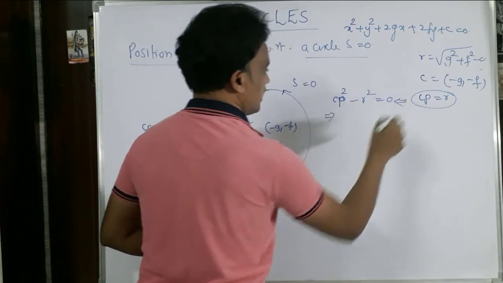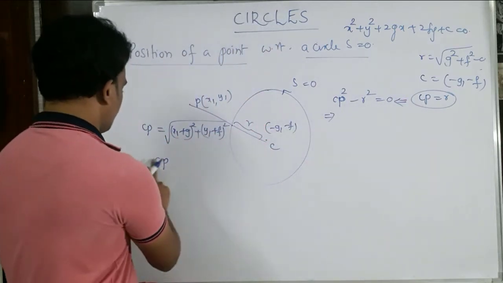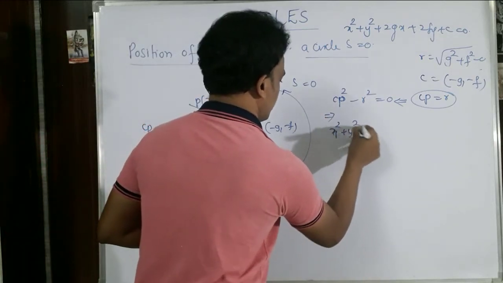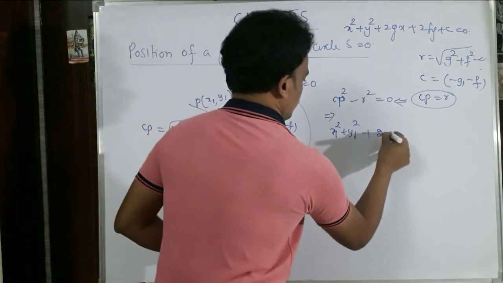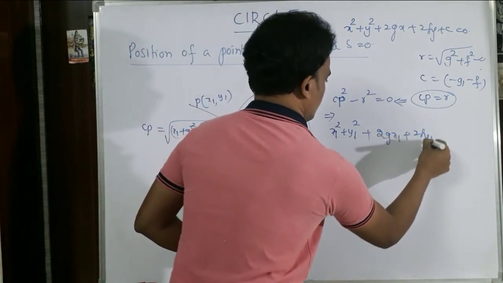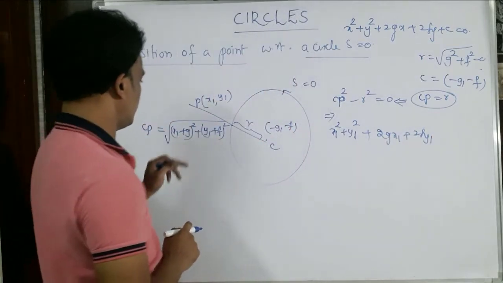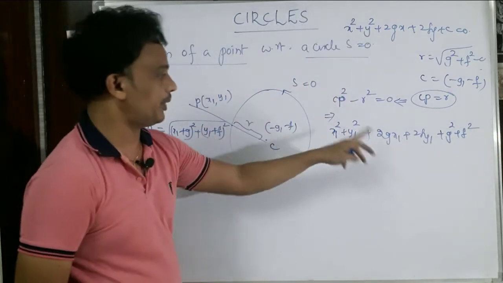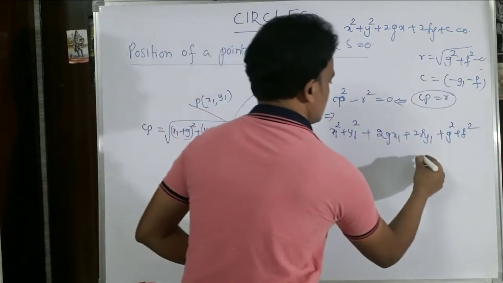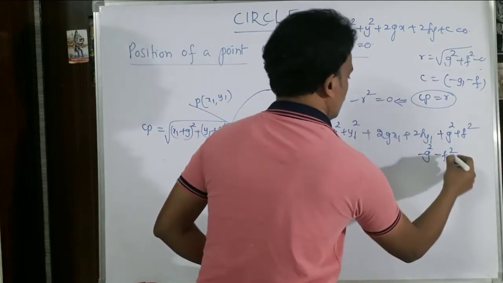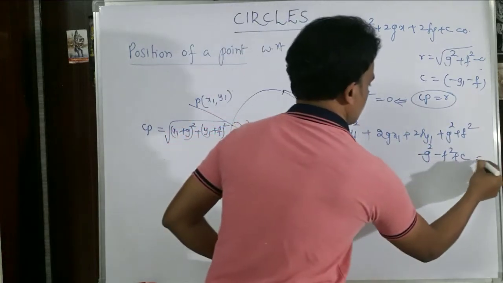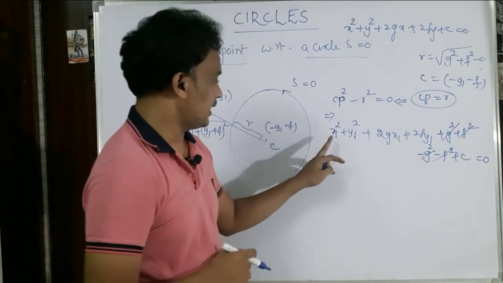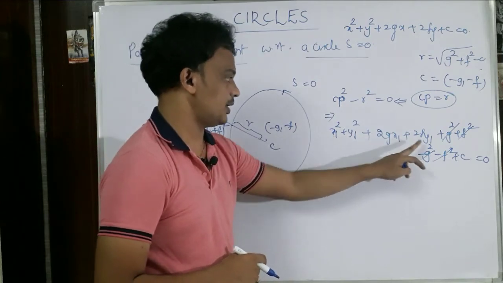CP square is x1 square plus y1 square plus 2gx1 plus 2fy1 plus g square plus f square, minus r square, that is minus g square minus f square plus c, equals 0. The g square and f square cancel, giving x1 square plus y1 square plus 2gx1 plus 2fy1 plus c.